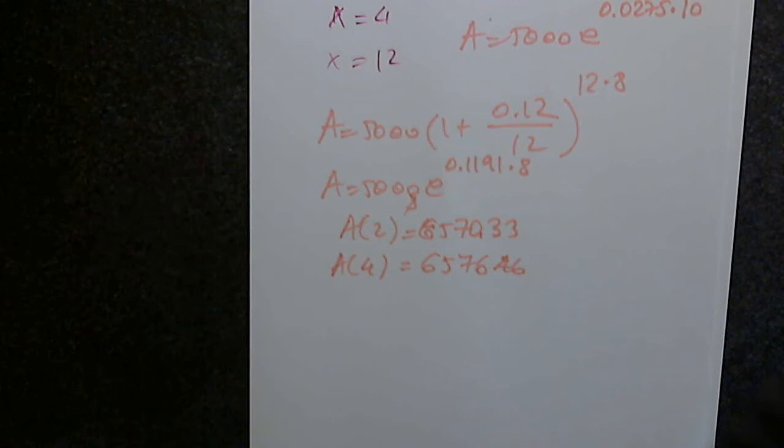Mhm. Okay, so then 5,000 in parentheses, 1 plus 0.0275 divided by 2, that's the first one, in parentheses, raised to 2 times 10, 20.